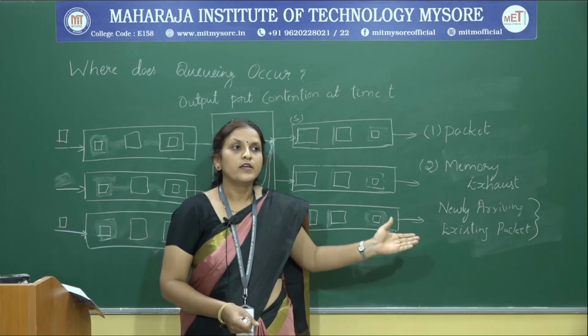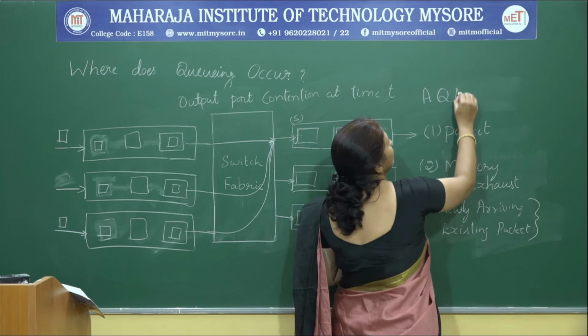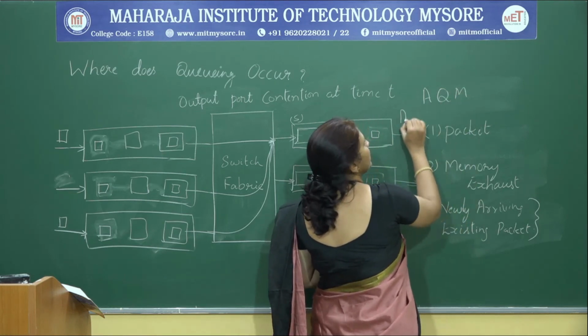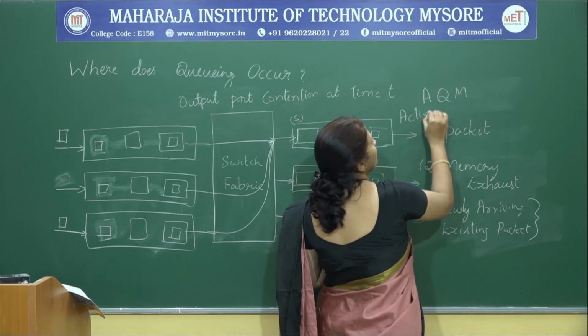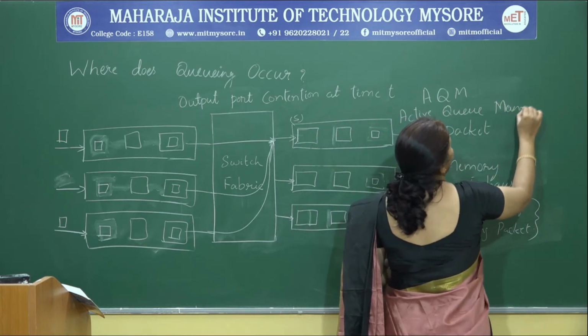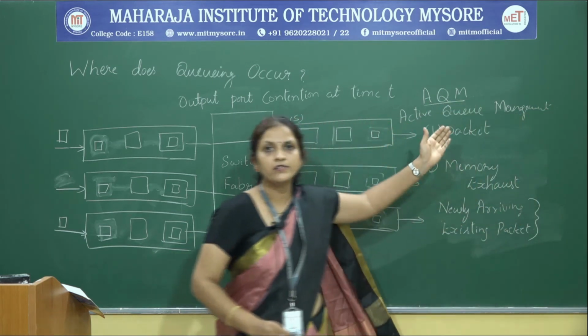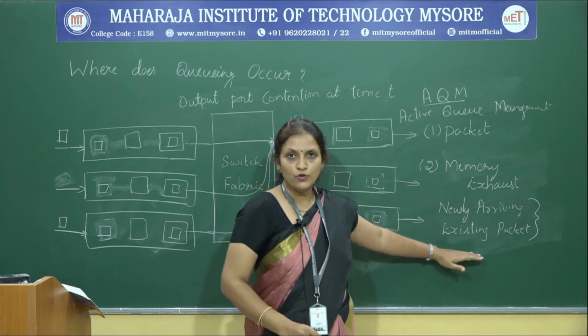To do this, there is a mechanism called active queue management. What do we mean by this? Active queue management. This is a mechanism with which we are going to do this work.